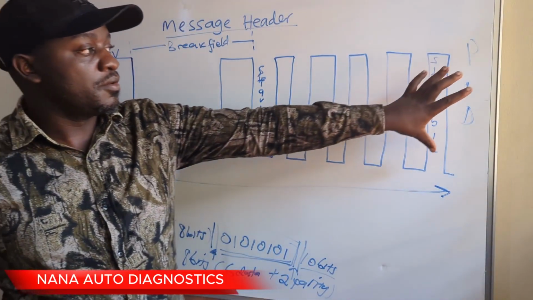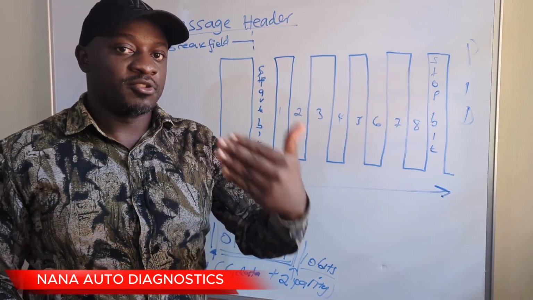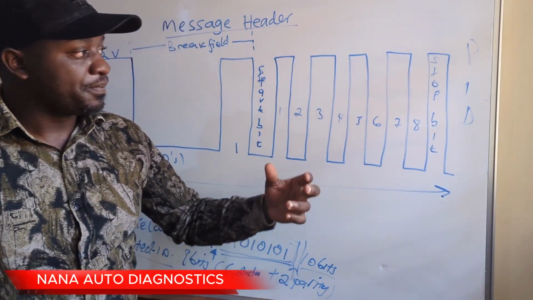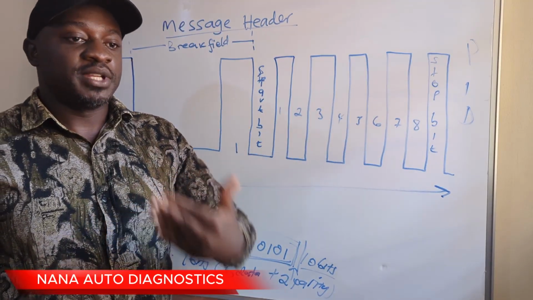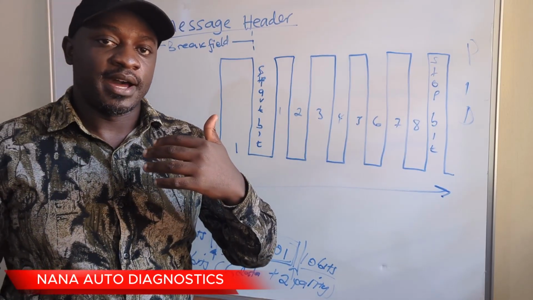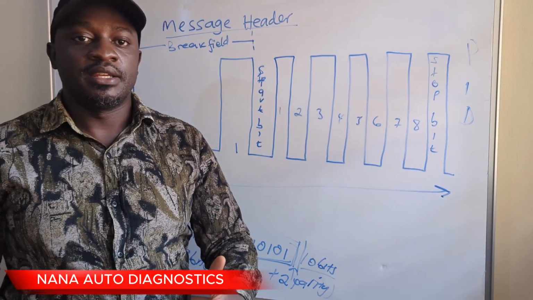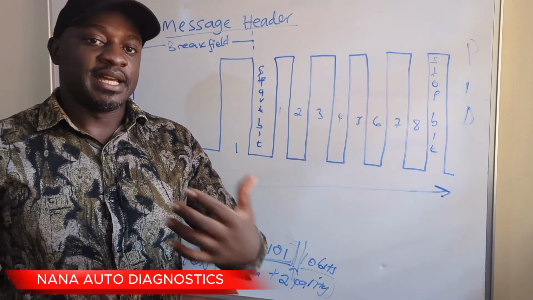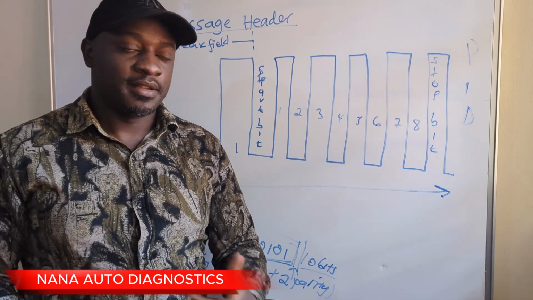Now this field will vary depending on the data that you'll be transmitting. Now within this field, it will contain the actual data that the master is transmitting to the nodes or the slave nodes. It will contain the purpose of that data and which node is supposed to receive that data.